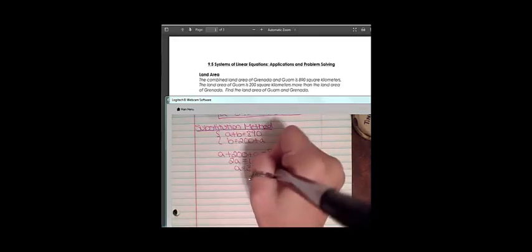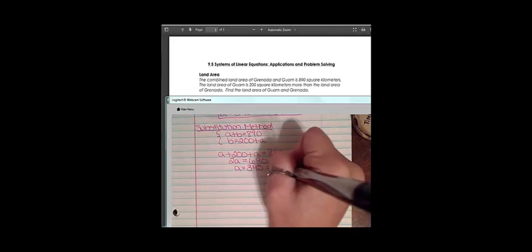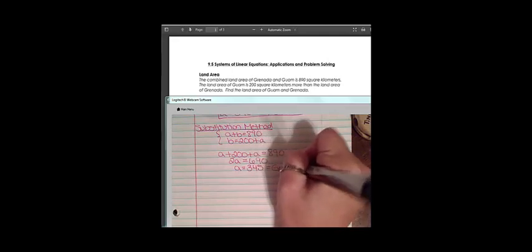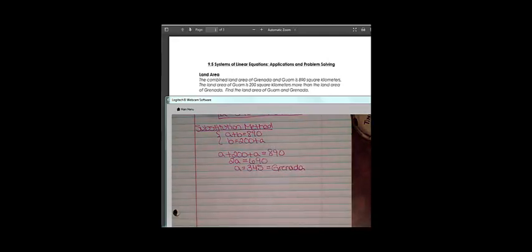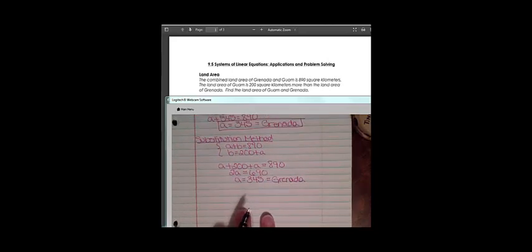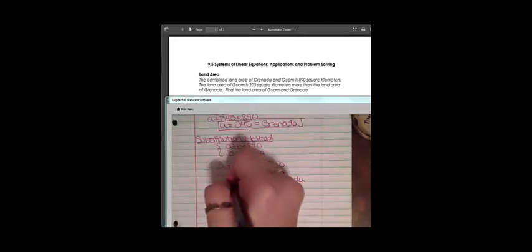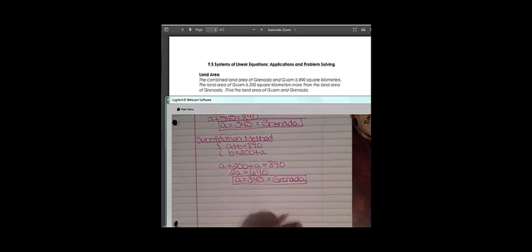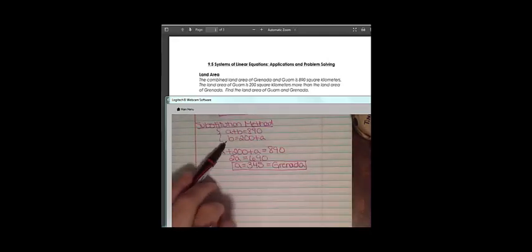And remember, a is Granada. Right there, we got a is 345, and up here we got a is 345. So that is a very good sign. For the second one, we know that b equals 200 plus a, so that's the equation I'm using.